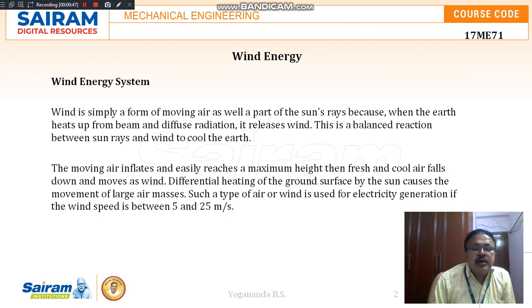The direct sunbeam that we get on the earth's surface is the beam radiation, and the one which is scattered from the atmosphere and then reaches the earth is called the diffuse radiation. The earth gets warmed up because of this beam and diffuse radiation, and this releases the wind.